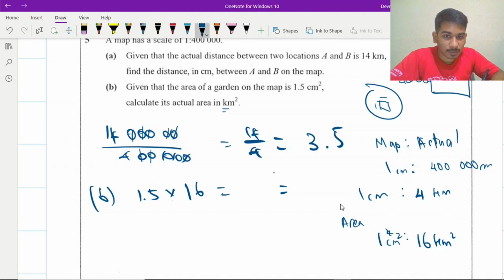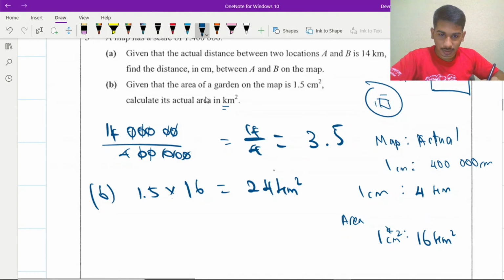That will give me the answer in km square. 16 times 1.5 is just going to be 24, right? Yeah, 24 km square.